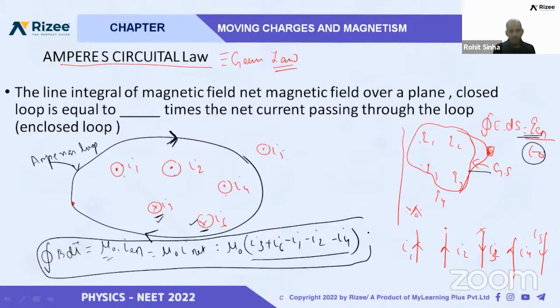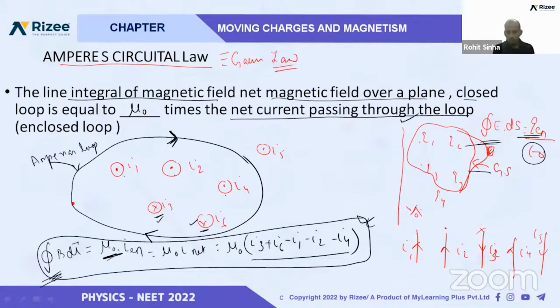The definition: it is a line integration of magnetic field, whereas Gauss's law was a surface integration, because here we take an Amperian loop. So the line integration of the net magnetic field over a closed loop is equal to mu naught times the net current passing through the loop.